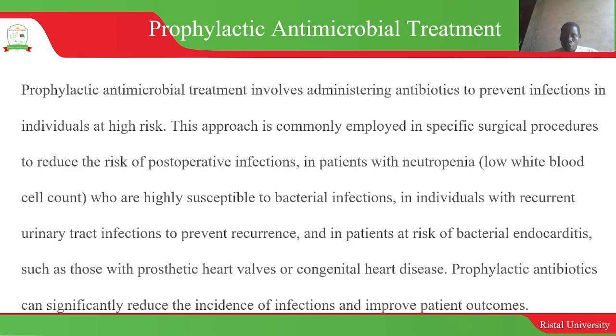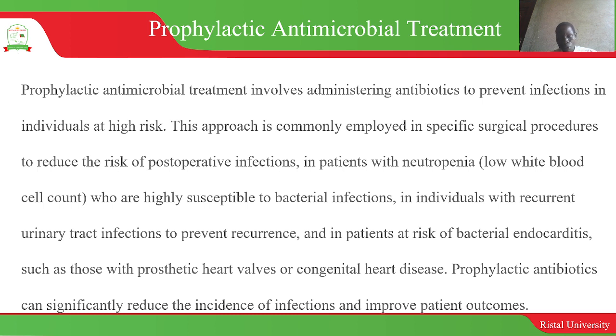Prophylactic antimicrobial treatment, we said this involves administering antibiotics to prevent infections in individuals that are at high risk. It is commonly employed in specific surgical procedures to reduce the risk of post-operative infections. Also in patients with low blood count, I mean neutropenia, low white blood cell count.